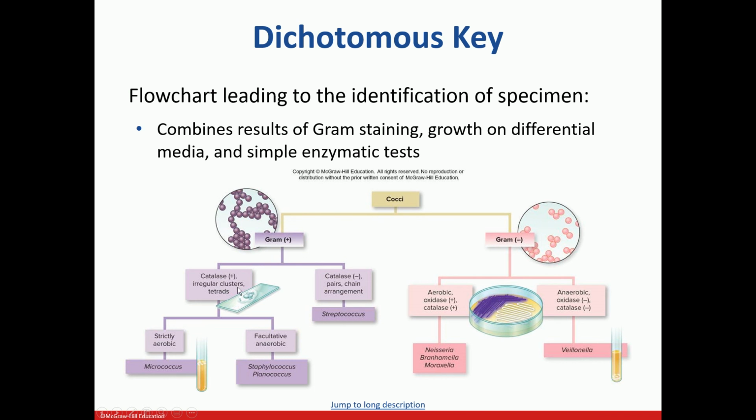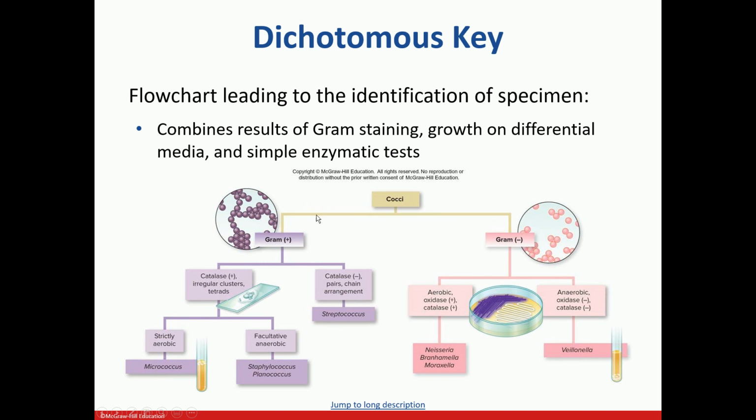if they are cocci and gram positive, they're called gram positive cocci. Then you do the various biochemical tests, like if it is catalase positive, and also if these cocci are present in irregular clusters like tetrads. Then you can check if they are aerobic or anaerobic.